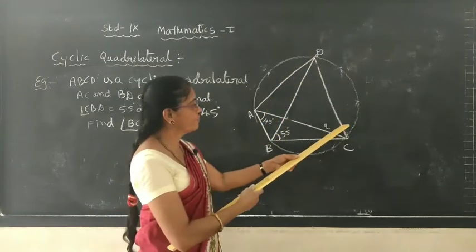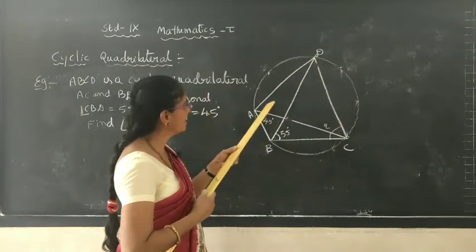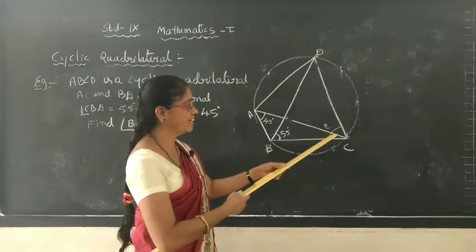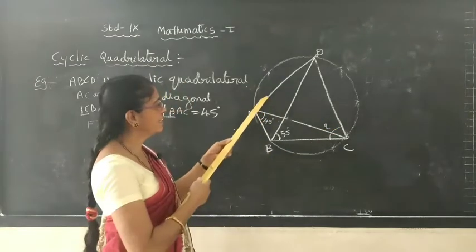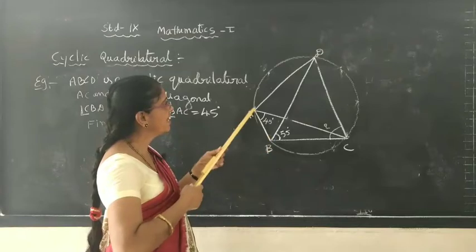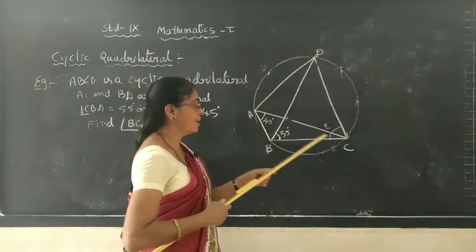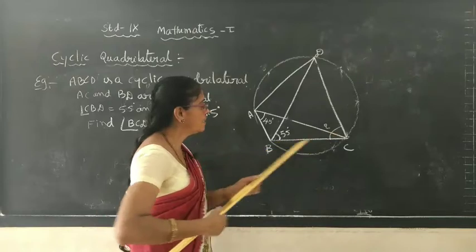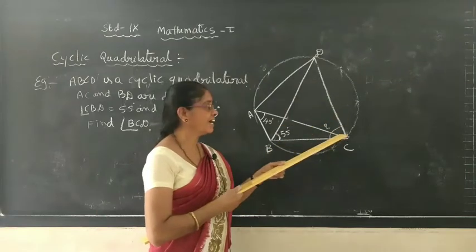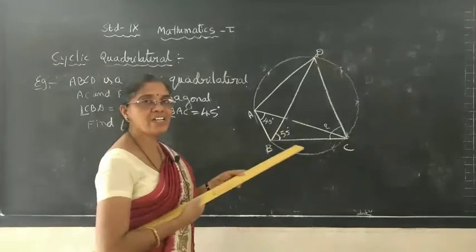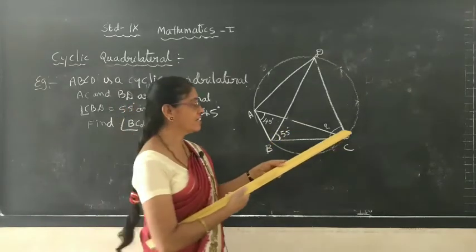Now, for C angle, angle A is the opposite angle, right? For C angle, the opposite angle is A angle. This BAD angle is the opposite angle of this angle, namely BCD, which we have to find. Now, sum of the opposite angles is 180. Using that idea, we can find the C angle.